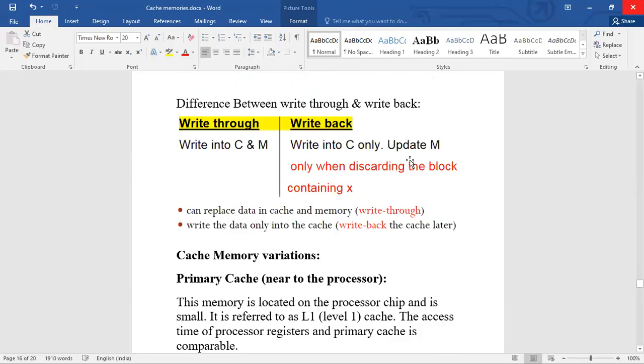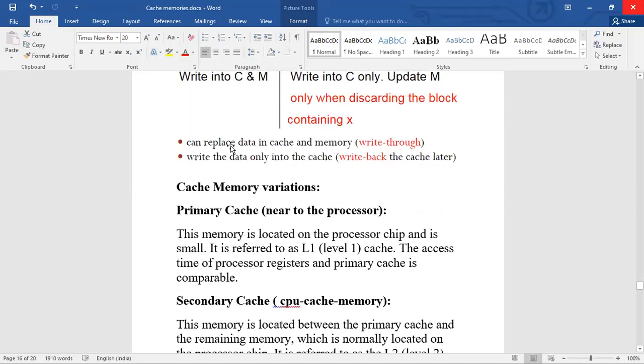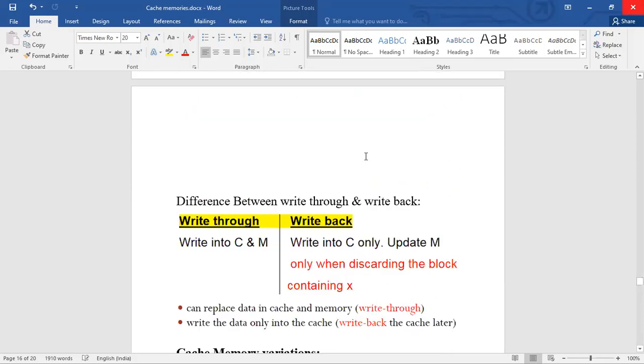The memory is updated only when the block containing the data is discarded. So in the second comparison, in write through, we replace the data in cache and memory. In write back, we write the data onto the cache only, and that is what happens over here.